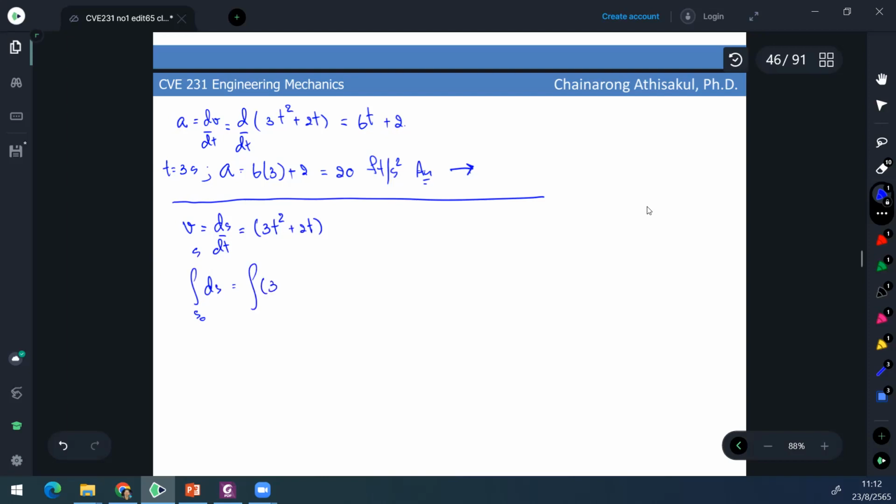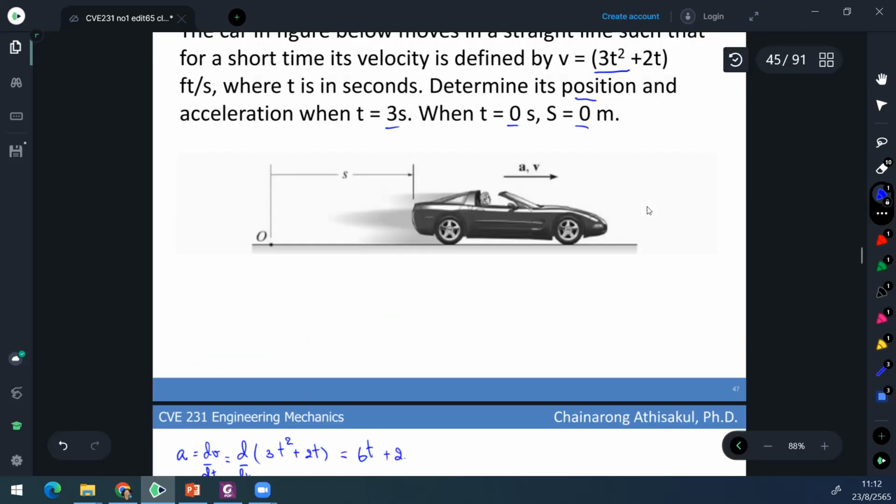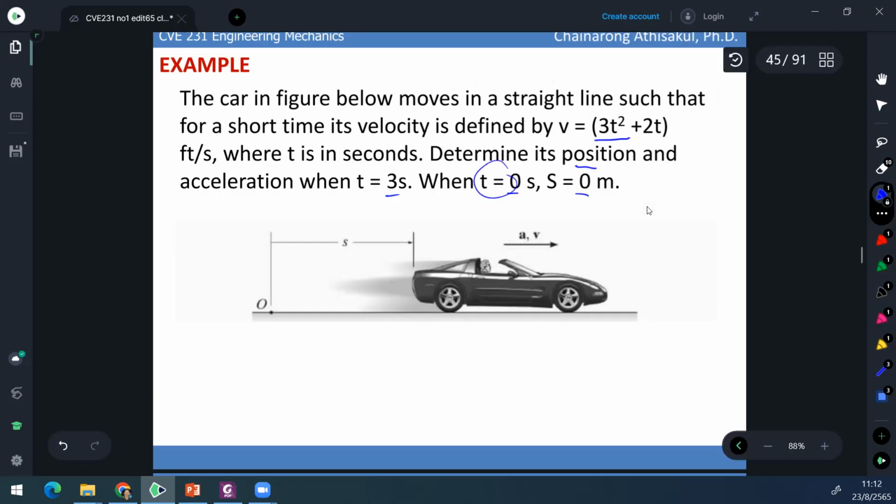Right now v is equal to 3t squared plus 2t dt, integrated from time equals 0 to time equals t. This is s minus s0. But we know that when time equals 0, s equals 0, which means s0 is equal to 0, right?